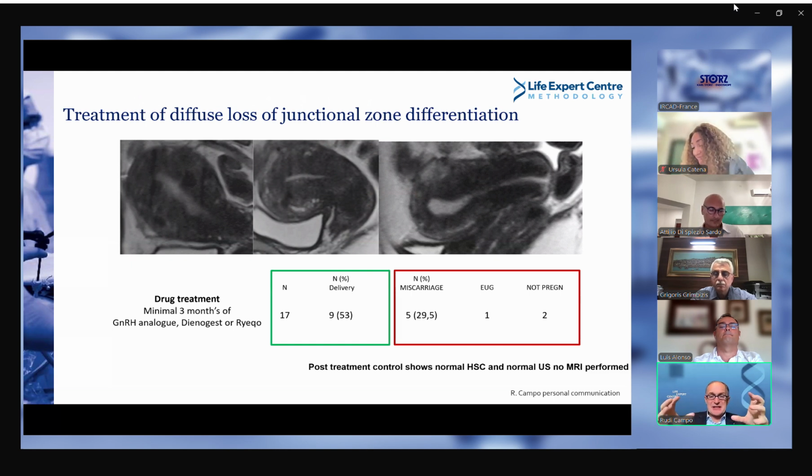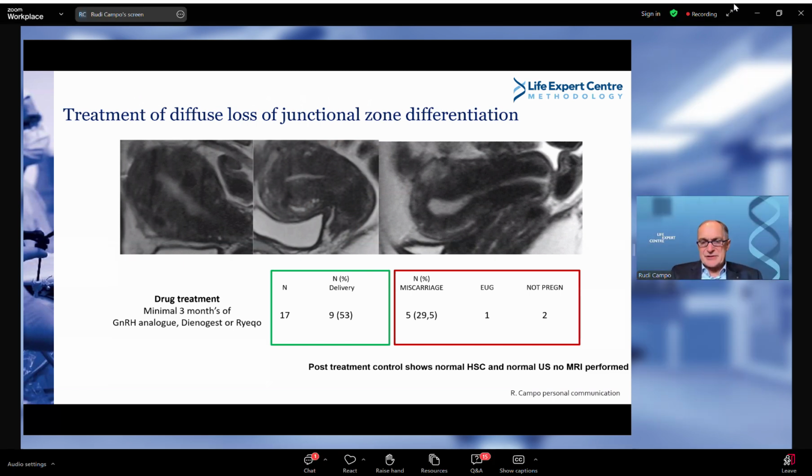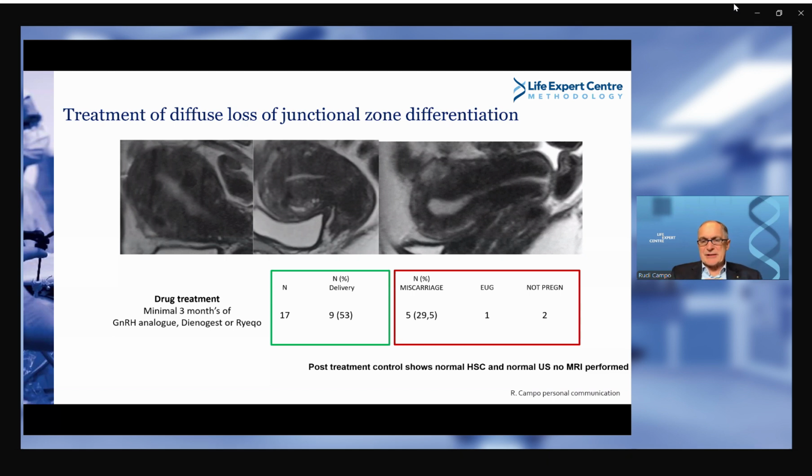But here we see that the results are not so enthusiastic. 17 patients, 9 deliveries, but here the miscarriage is a real problem in this population group, ectopic and 2 non-pregnant. All of those patients had normal hysteroscopic findings and ultrasound. That means no obvious pathology.